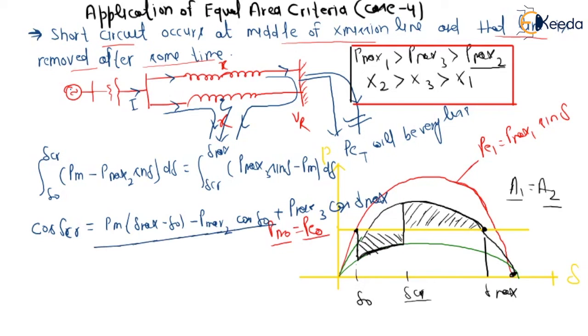With this formula we calculate the critical clearing angle. So this is all about the application of equal area criteria, case number 4. Thank you.